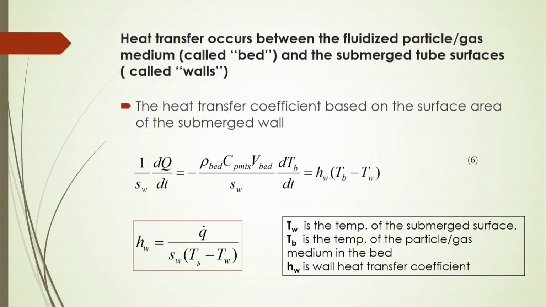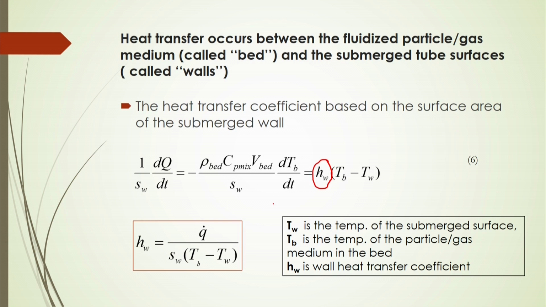Now, heat transfer occurs between the fluidized particle or gas medium, that is called bed, and the submerged surfaces, that is called walls. The heat transfer coefficient based on the surface area of the submerged wall will be represented by equation number 6 here. So, for the submerged wall, the heat transfer coefficient will be represented by Hw, the wall heat transfer coefficient.